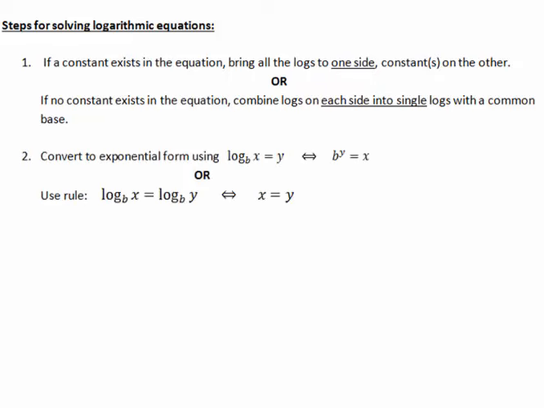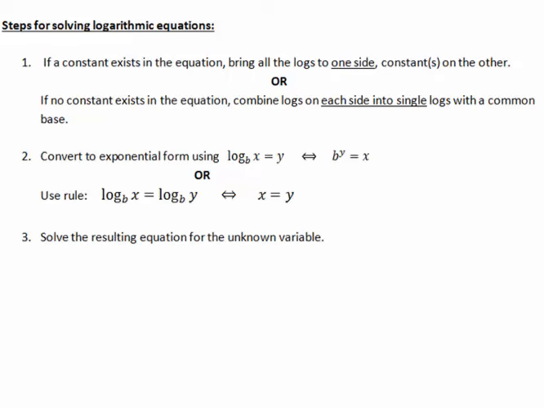From there, we can do some conversion. We either want to convert from logarithmic to exponential or vice versa, or we're going to use this rule quite a bit: log base b of some argument equals log base b, same base, of another argument. That allows us to set the arguments equal to one another, and then we can solve for the unknown in that case.